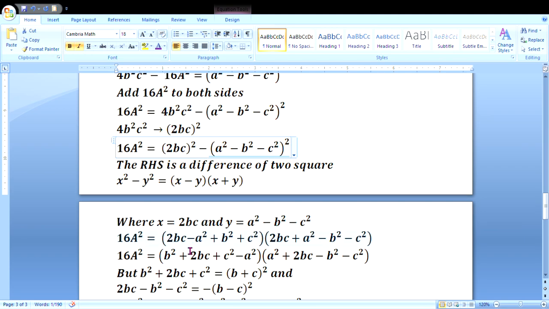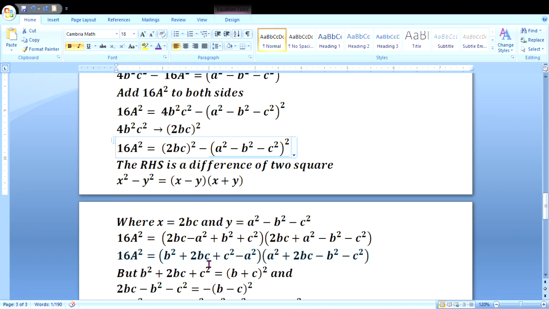So if we substitute this on the right hand side, the right hand side becomes open bracket 2bc minus a square plus b square plus c square close bracket, open bracket 2bc plus a square minus b square minus c square close bracket.